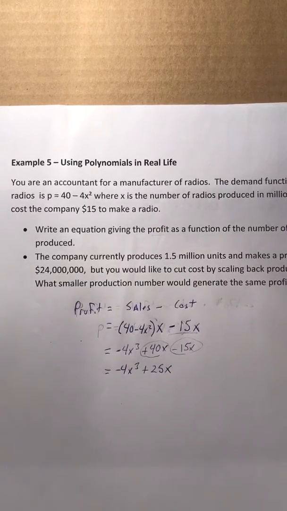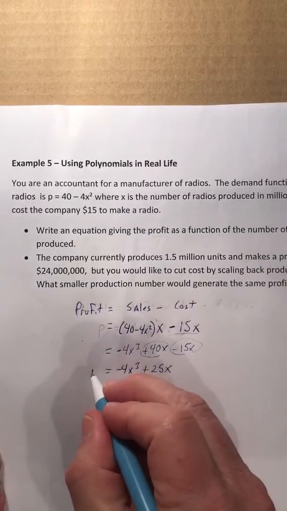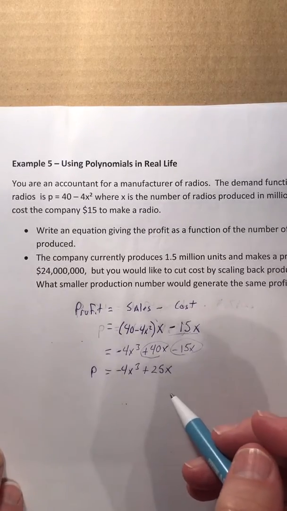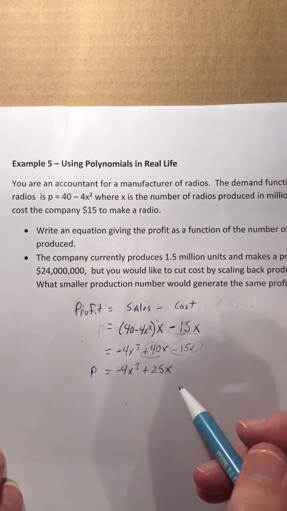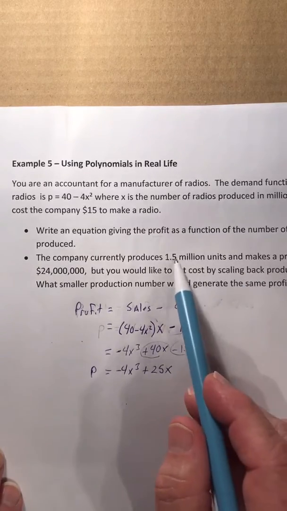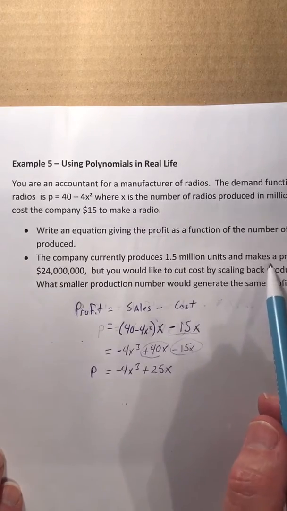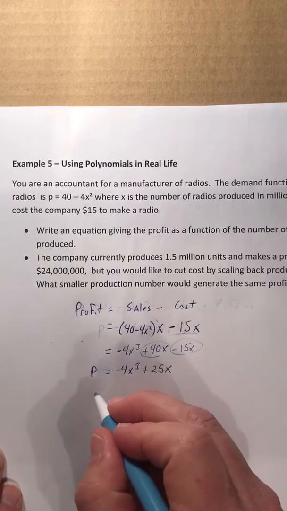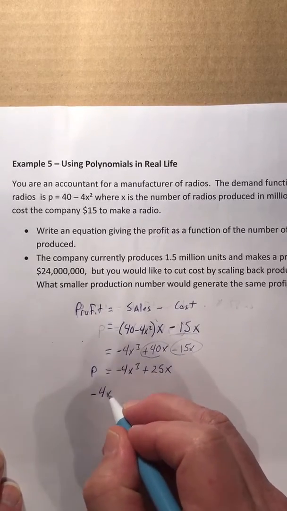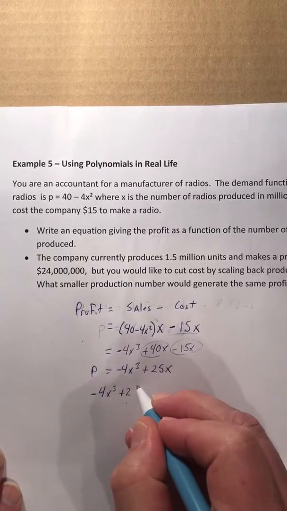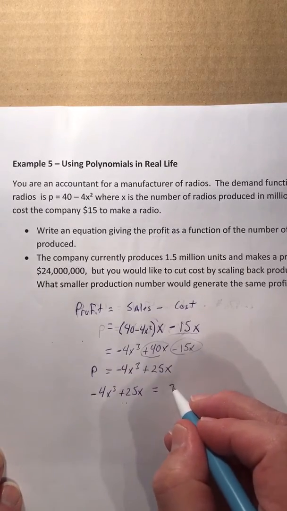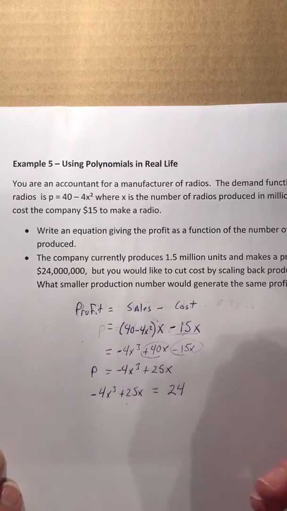All right, so that's the formula that we get. Now, what they told us, all right, so that's our profit formula. What they told us now is that this would give us the profit in millions, and we already know that right now, if we make 1.5 million units, we make a profit of 24 million. So what we would do is we would take our negative 4x cubed plus 25x, and we would set that equal to 24 million.